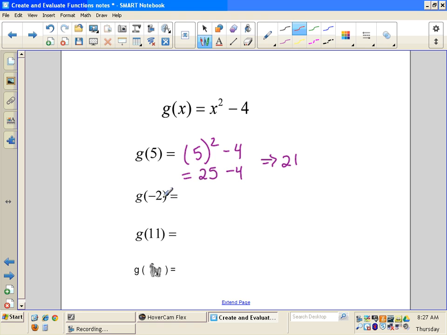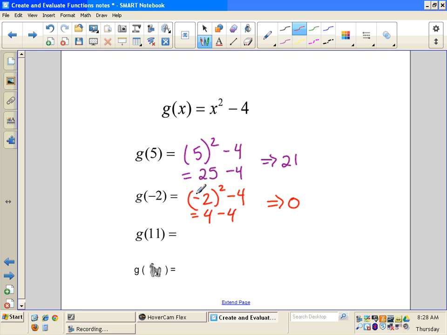Looking at the second example, and here's why I was recommending the parentheses, what if I put negative 2 into the function g? So this is going to become negative 2 in parentheses, squared, minus 4. Negative 2 squared, well, negative 2 times negative 2 is a positive 4, minus 4. My output here is 0.